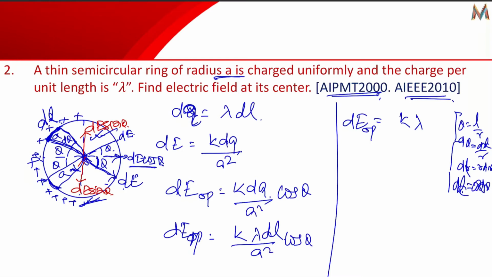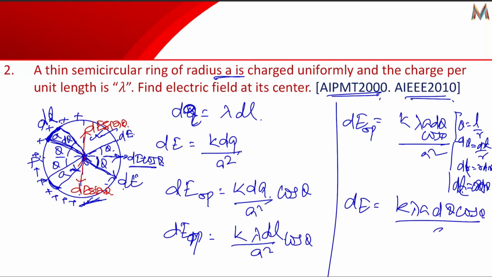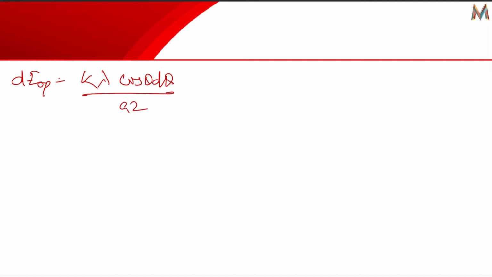In place of dl we write A d theta. Finally dE becomes K lambda A d theta cos theta upon A square, that is dE along OP becomes K lambda cos theta d theta upon A.